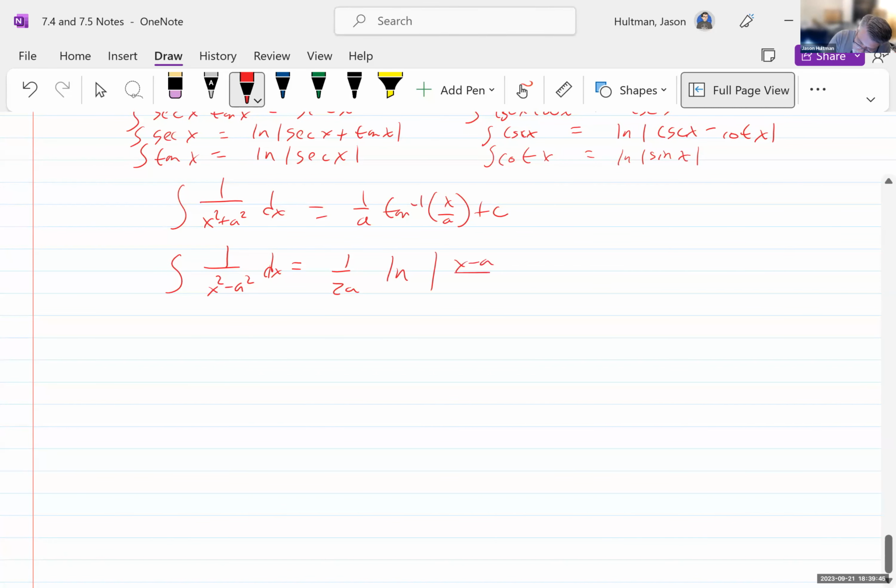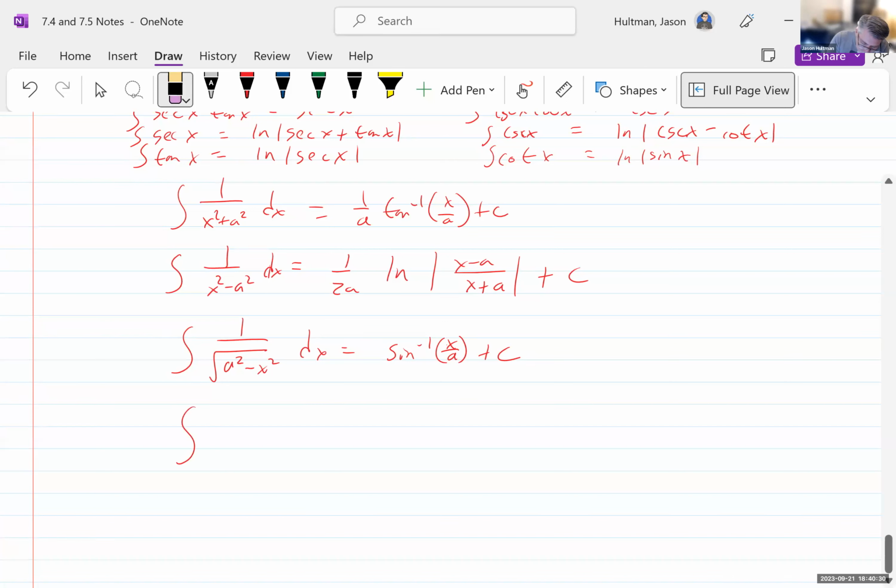Okay, and the integral of 1 over the square root of a squared minus x squared dx, that's just the inverse sine of x over a. Okay, so we get x over a plus c.